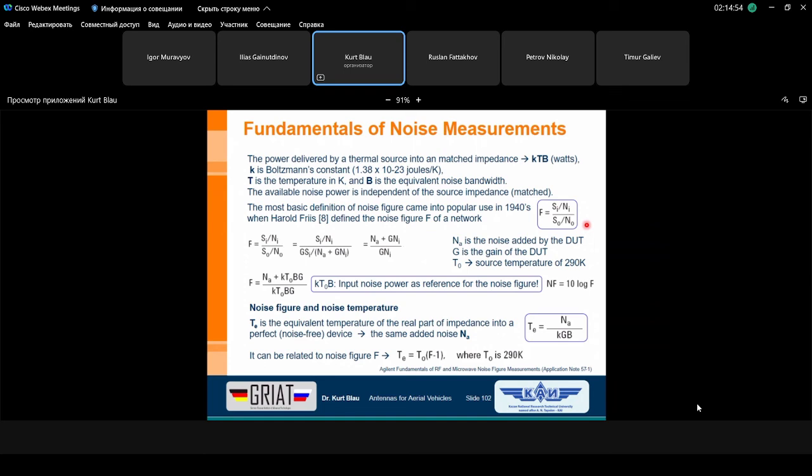So the noise power at the output is not only the amplified thermal noise of the input, it's also the thermal noise amplified by the elements plus an additional noise. And this is shown here.